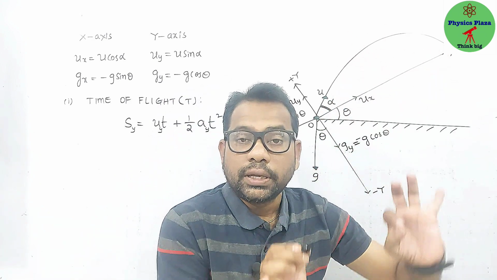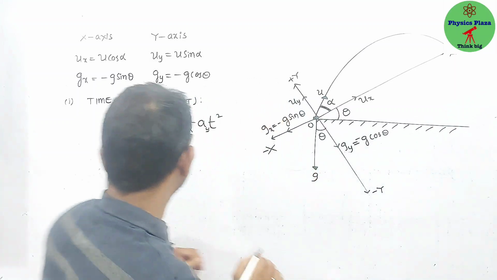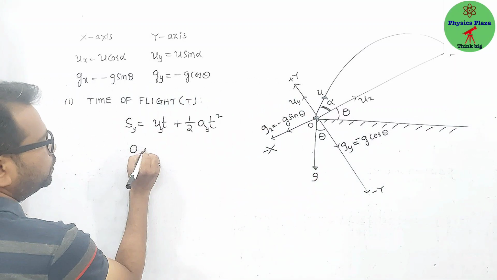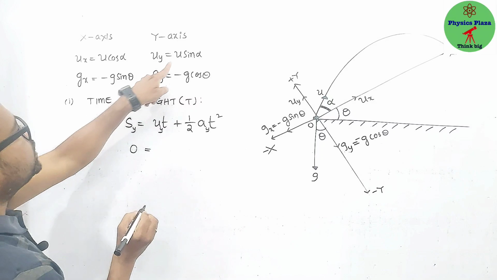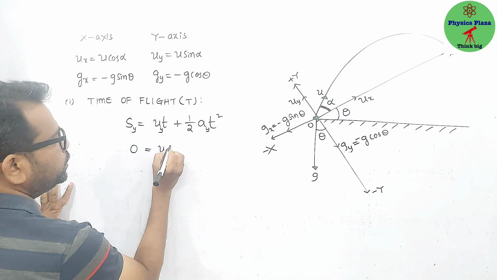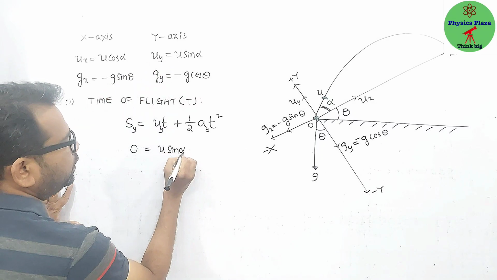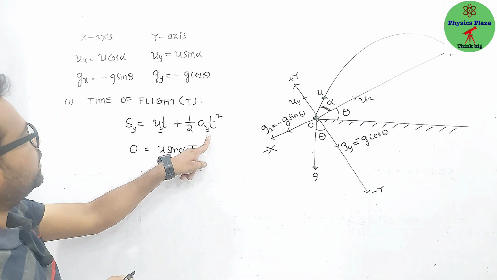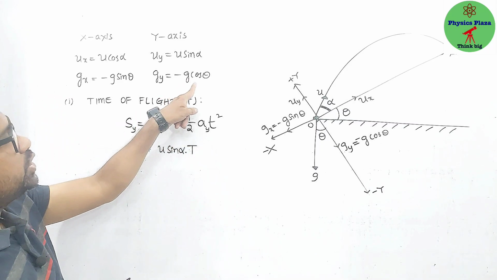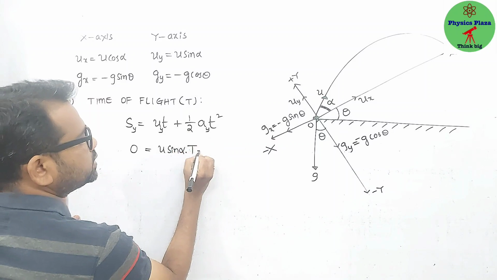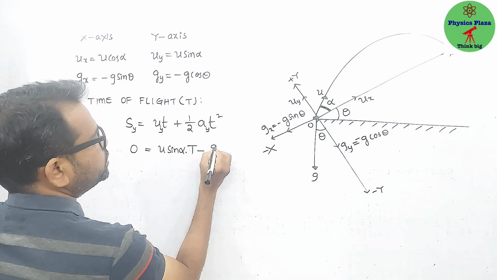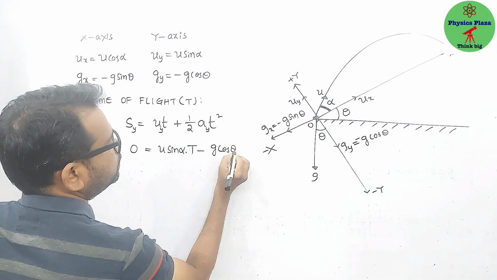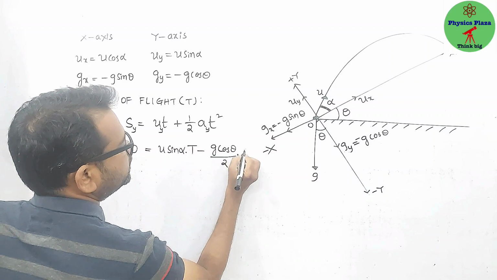So displacement in the vertical direction is 0. So 0 is equal to uy, which is u sin alpha, times the time of flight t, plus ay, which is gy, that is minus g cos theta, by 2, into t square.